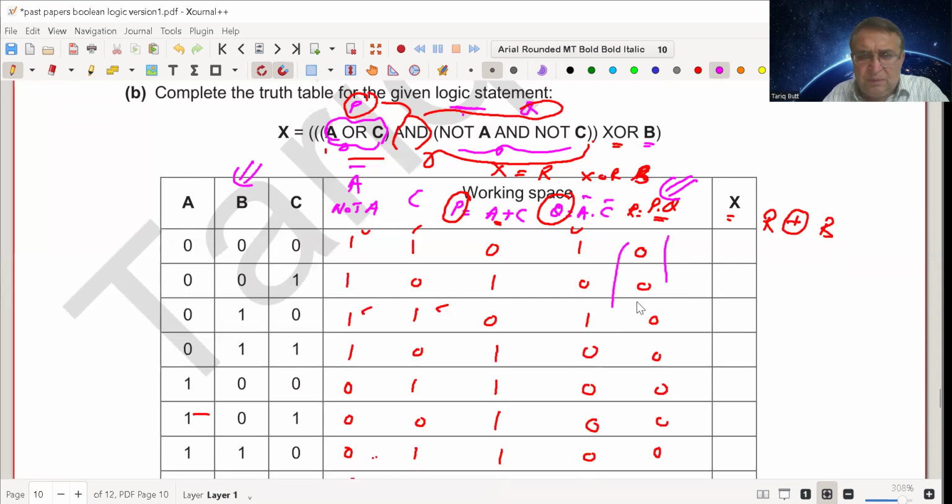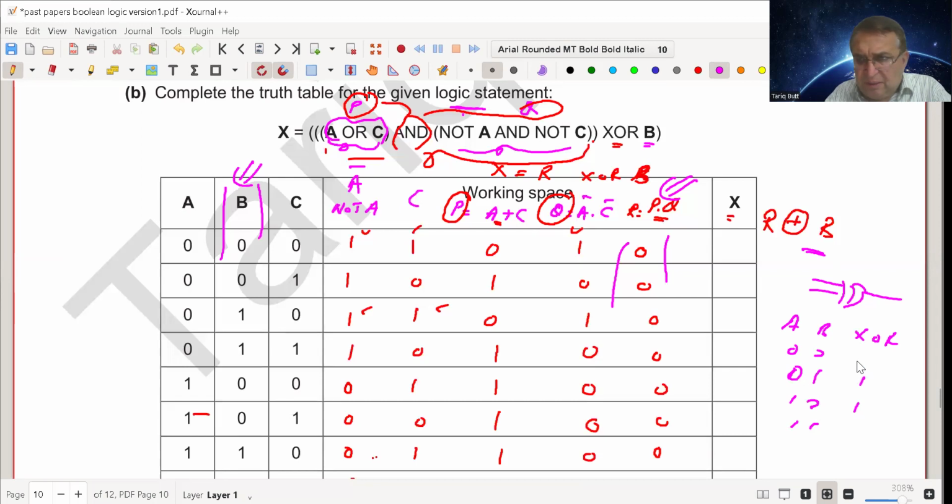X is the exclusive OR of R and B. And you know the exclusive OR symbol is this. You know its table: if you have A and B inputs, 0, 0, 0, 1, 1, 0, 1, 1, the output is 1 when its inputs are different. Otherwise, output is 0. So you can now XOR this column with this column.